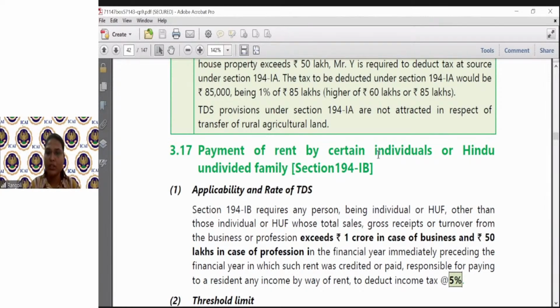If the individual or HUF is in business and their turnover is less than 1 crore during the last financial year, and if they are into profession and their professional receipts are less than 50 lakh rupees in the last financial year, then they are not required to deduct TDS under section 194I. That is on rent, right?